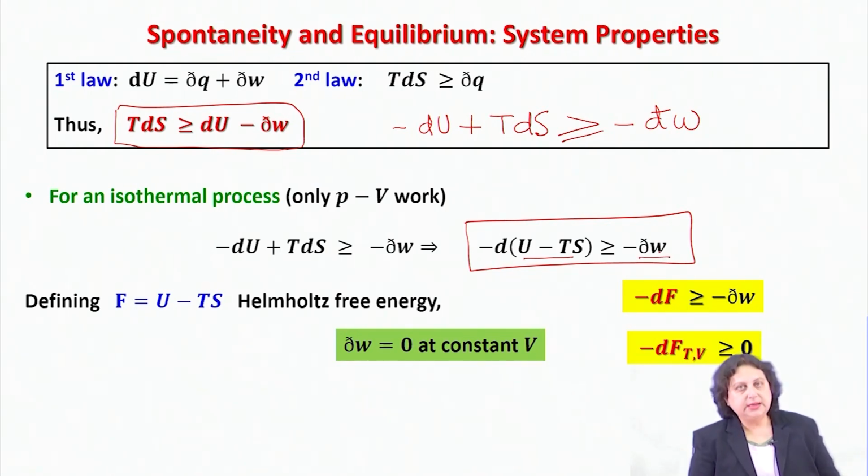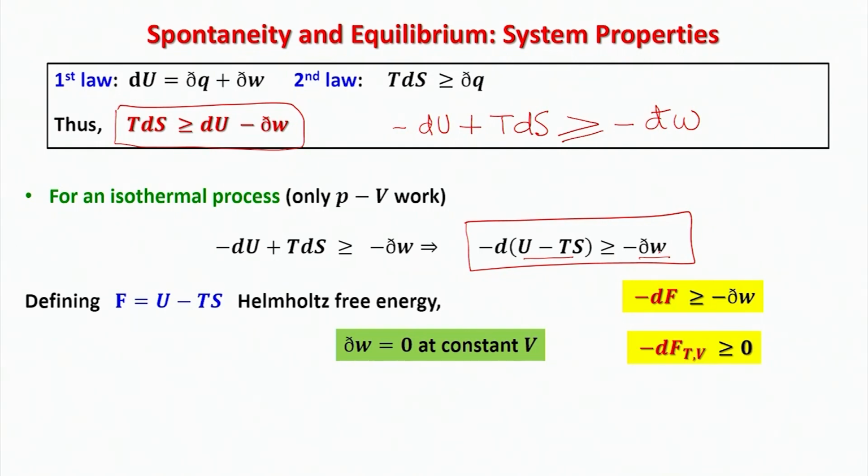Now, when I define the Helmholtz free energy as this, then the condition is that for any isothermal change in state, the decrease in Helmholtz free energy must be greater than or equal to minus dW. Now, what happens if I have no pressure volume work?